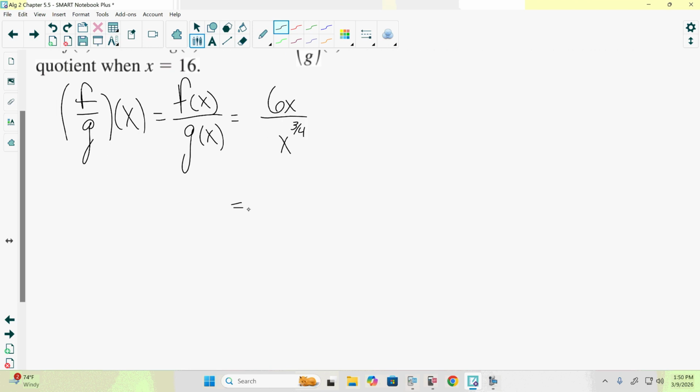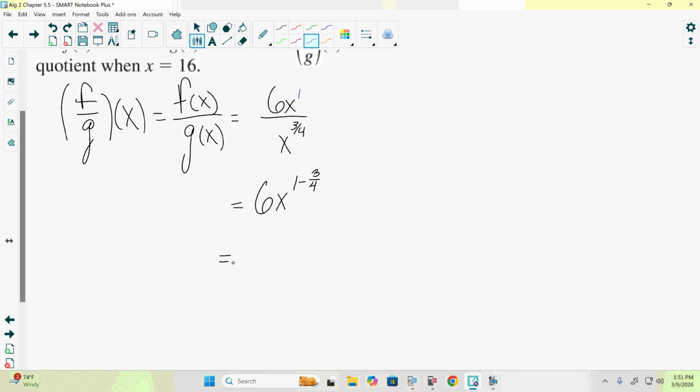So we can actually simplify this because we are dividing like bases. Because we have x on top and bottom, they're being divided. Whenever we divide like bases, we subtract the exponents. Now, even though they didn't write it, the exponent on top is 1. Exponent on bottom is 3/4. I'm writing it out here so we can see what we're doing, because up to this point, we've divided like bases with whole numbers.